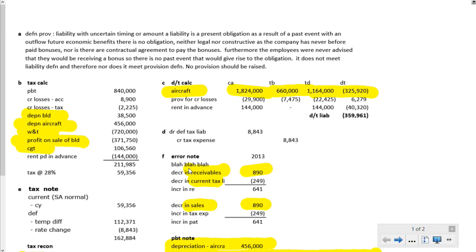It wasn't too bad. I think what it is, is getting used to working with so much information in pieces. You can go and try to do the question again, bit by bit. But what happens is that you read the whole question to do B, which is just the tax calc.